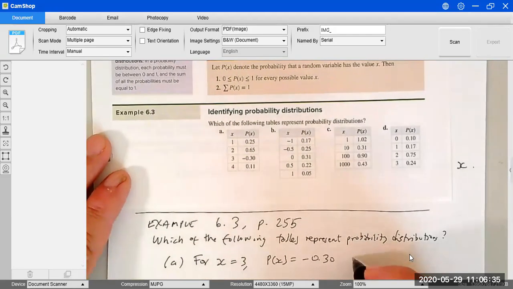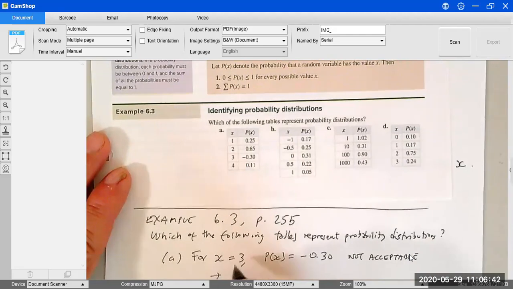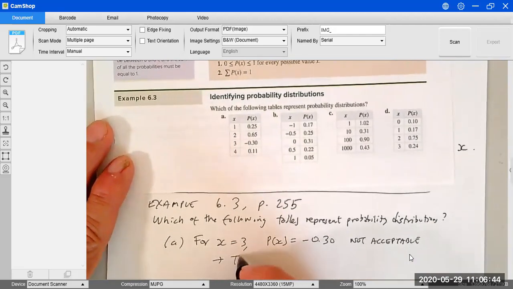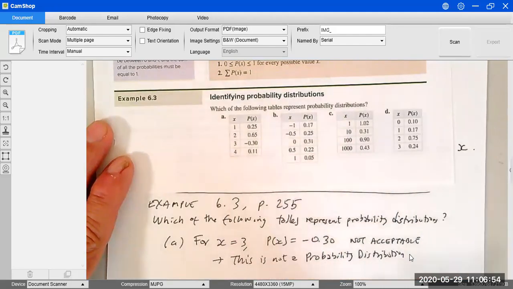So this is not acceptable. For that reason, this is not a probability distribution.